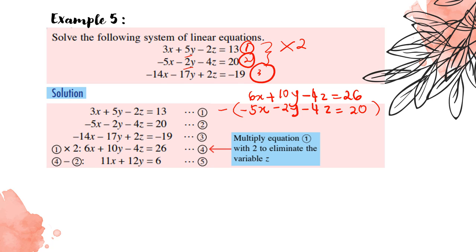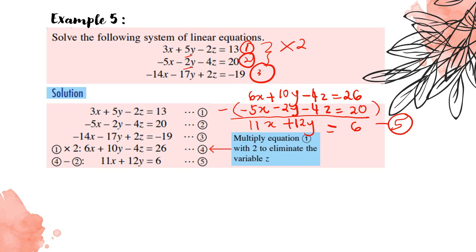So 6x minus negative 5x becomes 11x. 10y minus negative 2y becomes plus 12y. Negative 4z minus negative 4z becomes 0. 26 minus 20 becomes 6. So this is equation number 5.